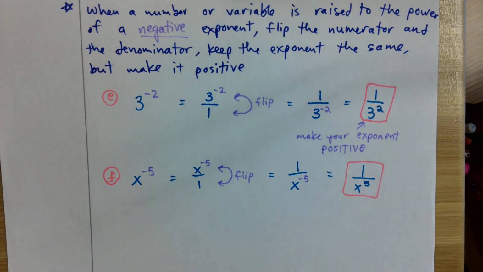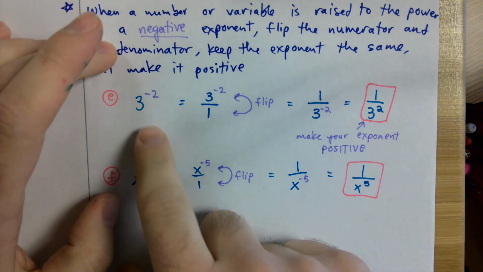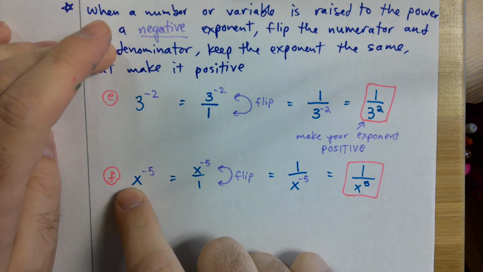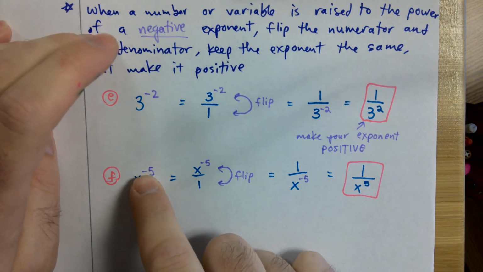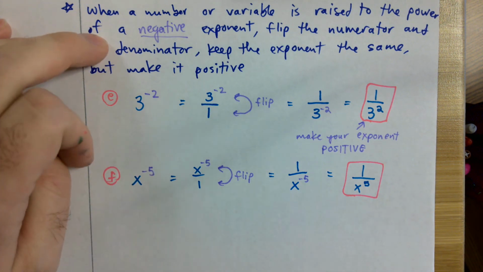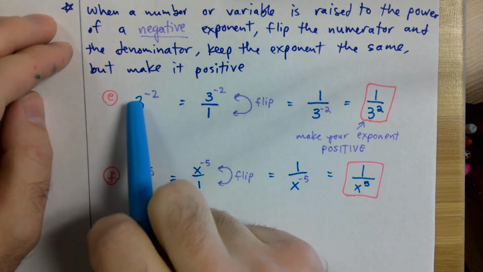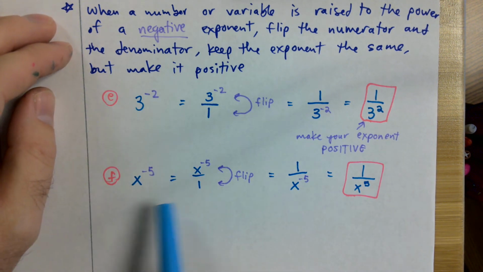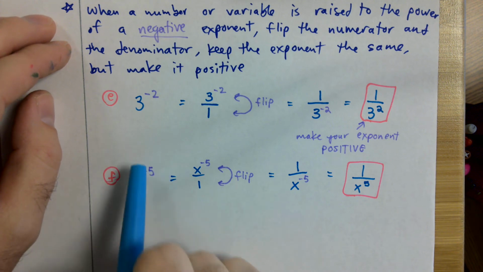Hopefully you do see the pattern in that if we have a whole number or a variable raised to a negative exponent, your answer is just 1 over this with a positive exponent.